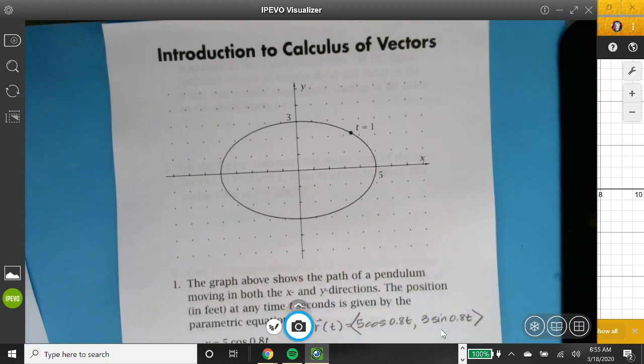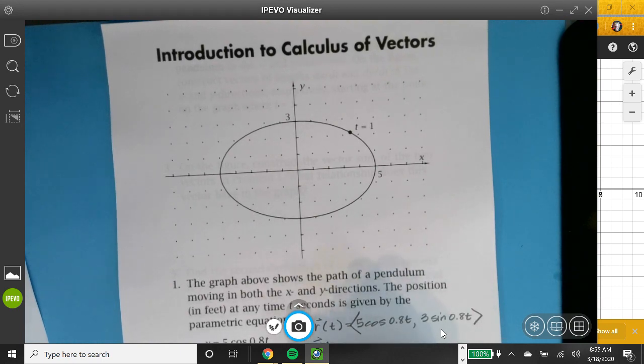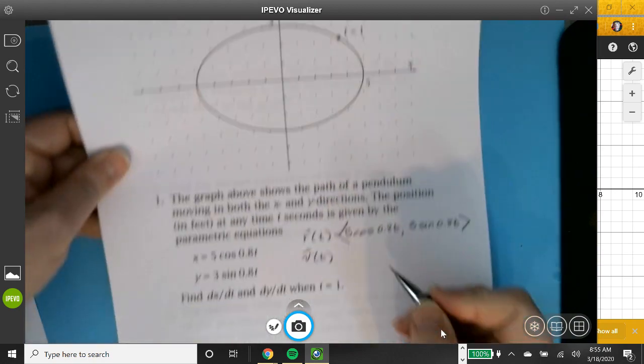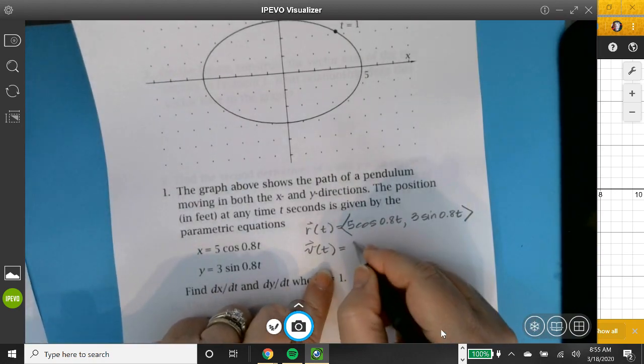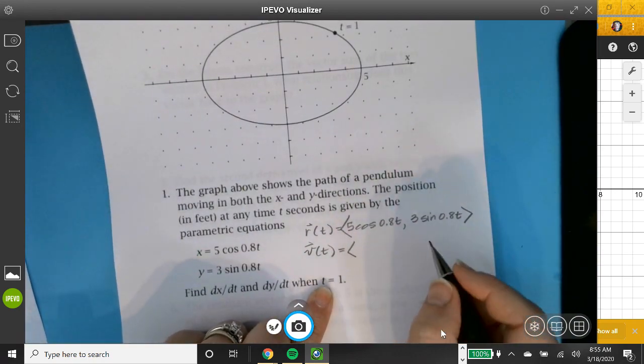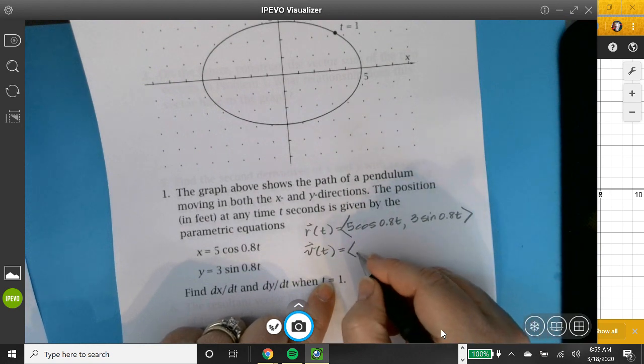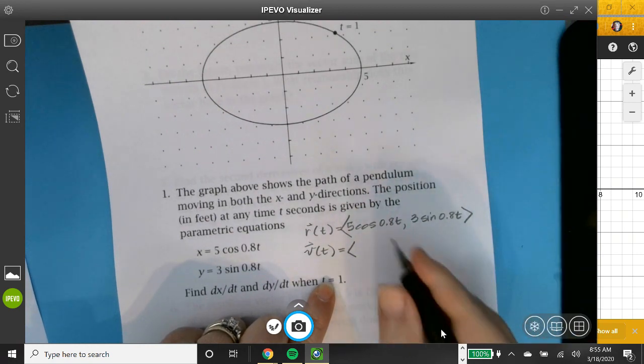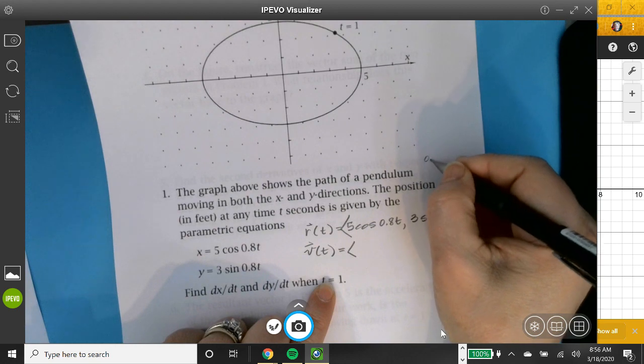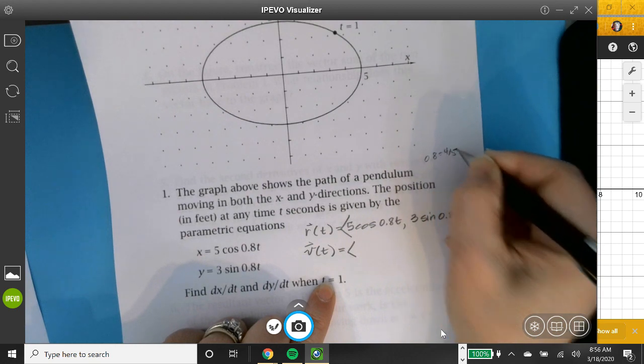All right, and the first question says, let's find the dx/dt and dy/dt when t is 1. Well, that's just asking us to find the velocity. And the velocity is just the derivative of the position vector. So that's going to be, and 0.8, believe it or not, is equal to 4/5.